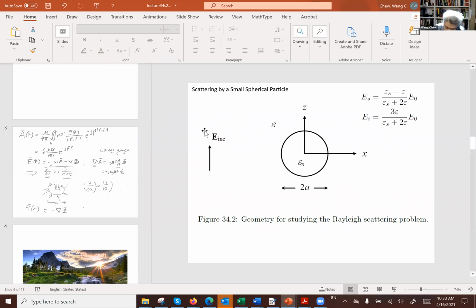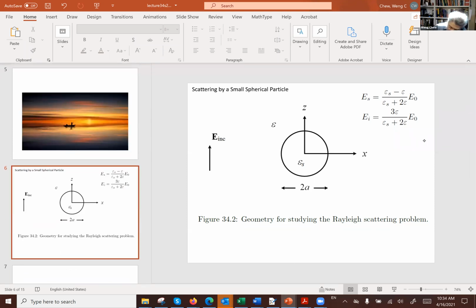That is, if you have an electrostatic field, and if you look for the scattered field outside, E sub s, and looking for E sub i inside, those amplitudes of the fields are given by these formulas over here, and you have worked this out in your homework or your exams and so on.